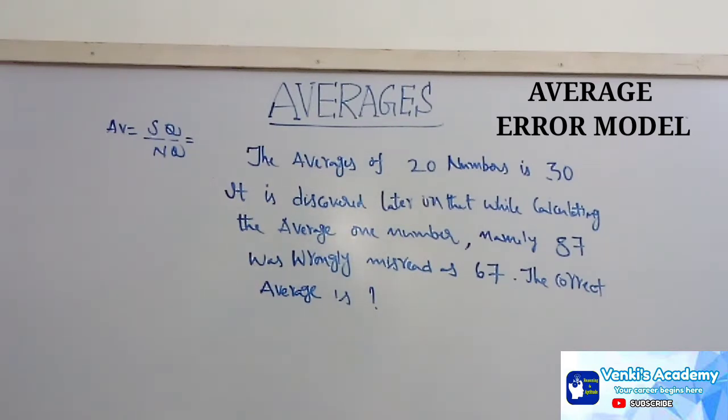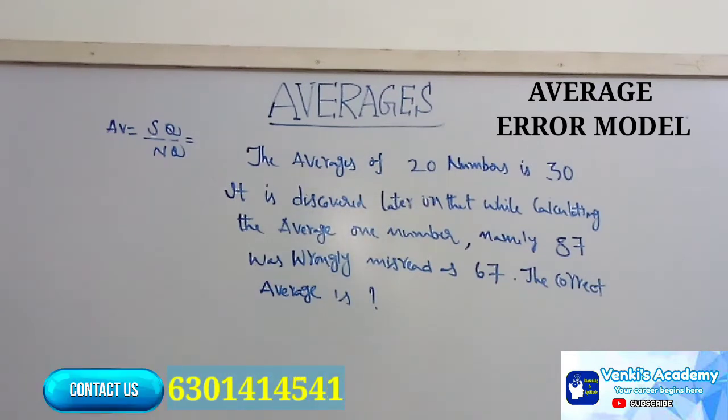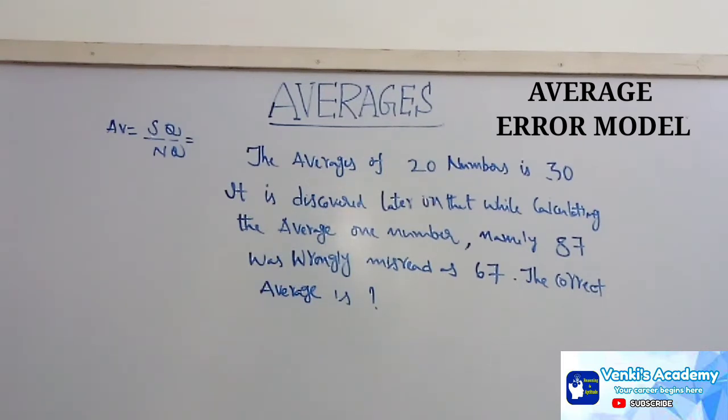We don't know each number, but one of the numbers is 87, and instead of 87 we had by mistake taken 67. That means we took a value 20 less than the original number. Now he is asking for the correct average.